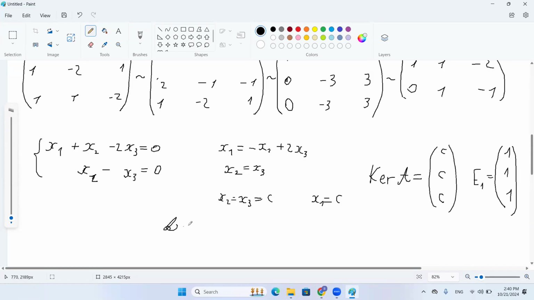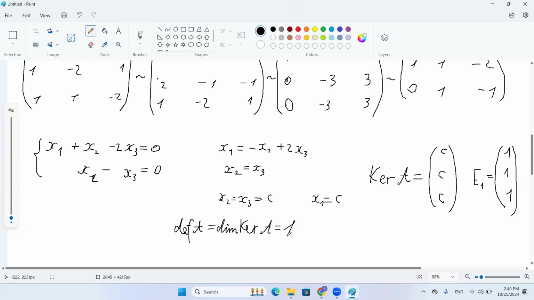So the defect of A equals the dimension of the kernel, and it equals 1.